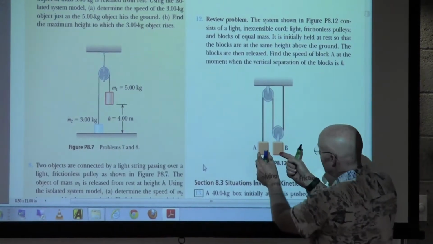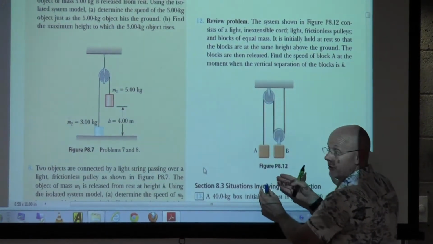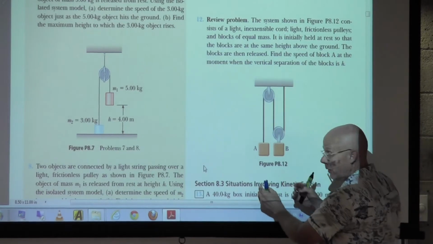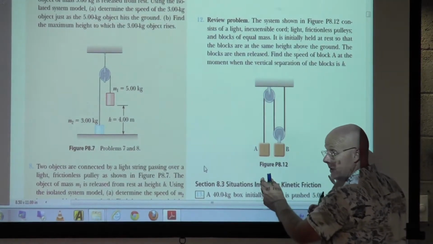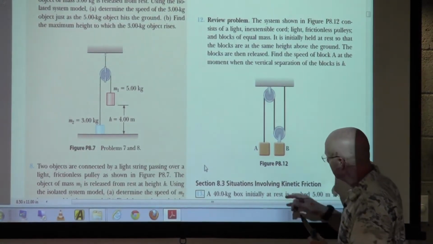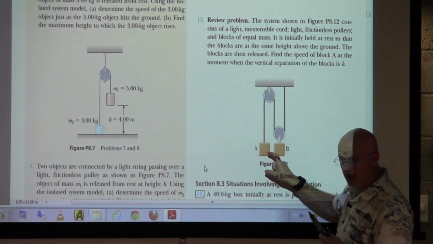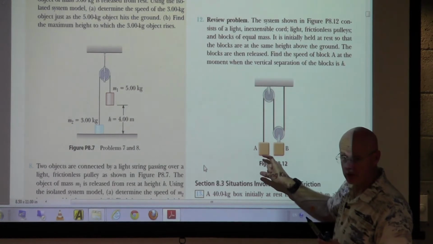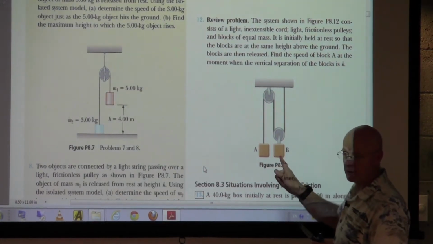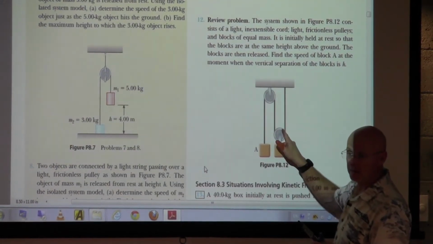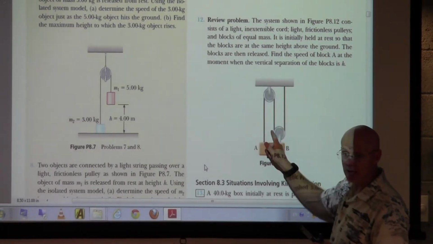If this goes down 1 meter, doesn't it need 1 meter of string? And where's it going to get that 1 meter of string? Well, the fact that this went up, we have the need of less string going down.